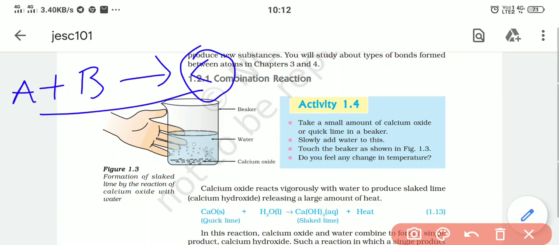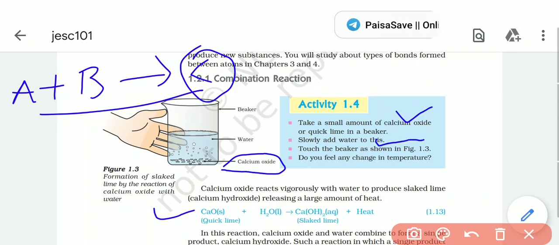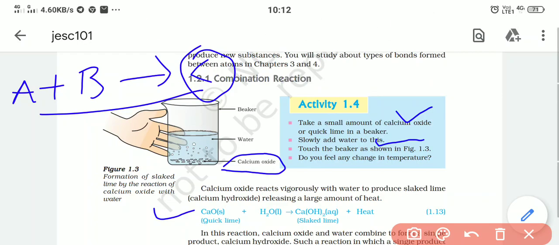Let's perform one activity in which calcium oxide, our reactant A, reacts with water, reactant B, to form calcium hydroxide, our product C. Let's write this chemical equation. Another name of calcium oxide is quicklime, CaO.